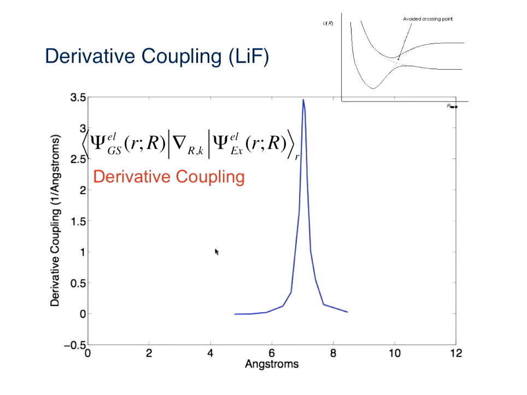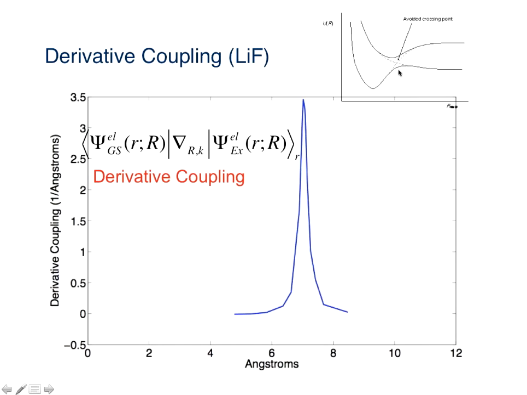So let's go back to lithium fluoride. What you find here is that in lithium fluoride, we know that around 7 angstroms or so, for the ground state and the first excited state, there's going to be a crossing where this state, which up here we know is ionic, the first excited state, is actually going to become covalent over here. So it's changing a lot here, as is the ground state.